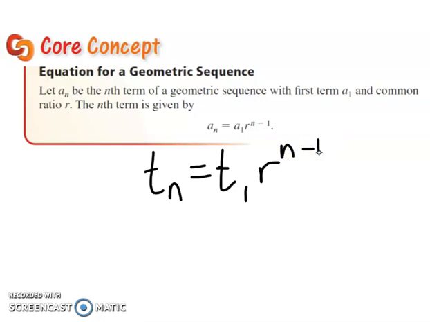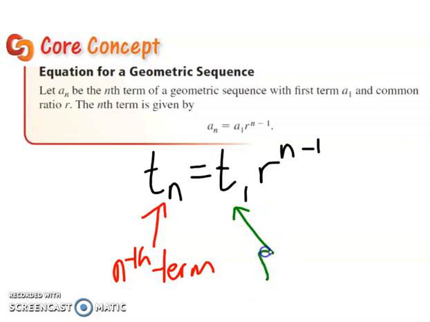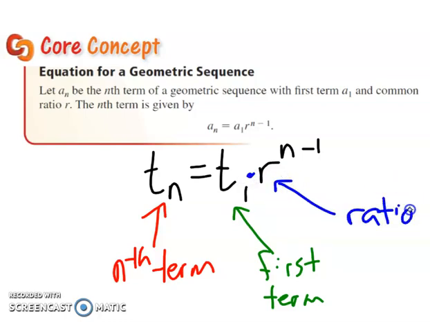So if I want to find what the nth term would be, this is the nth term. I then take my first term and multiply it by the common ratio, and then I bring it to the power of n minus 1.